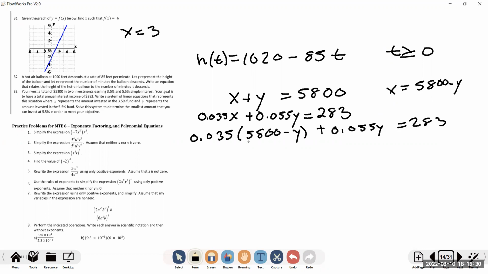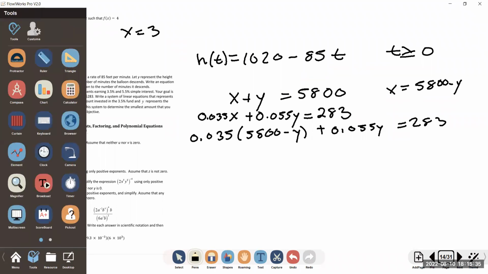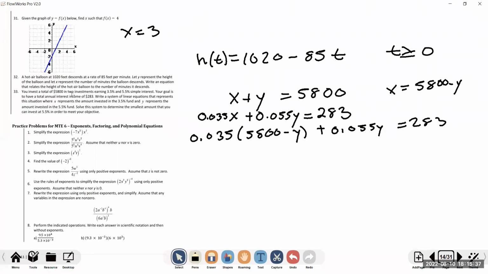On the calculator, we're going to want to figure out what 0.035 times 5,800 is. And that is 203 minus 0.035Y plus 0.055Y is equal to 283.